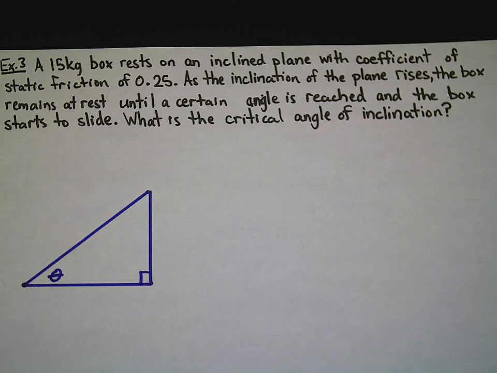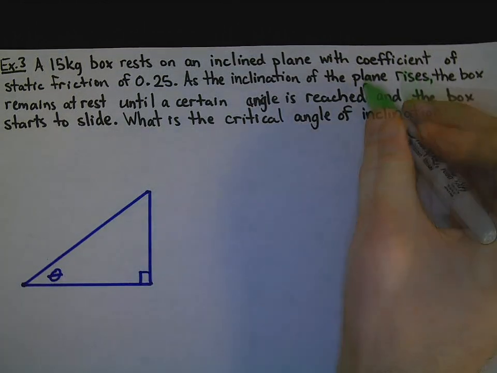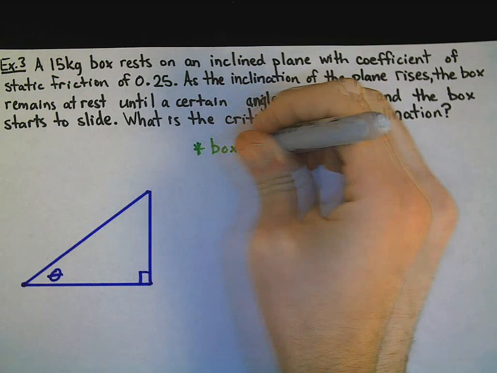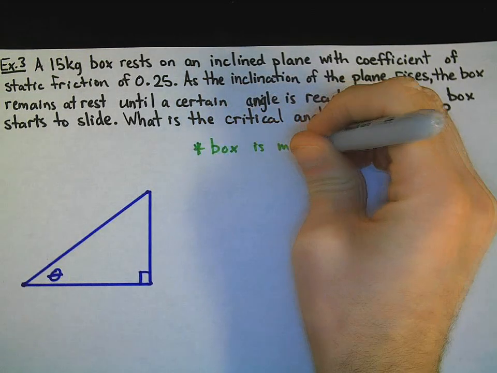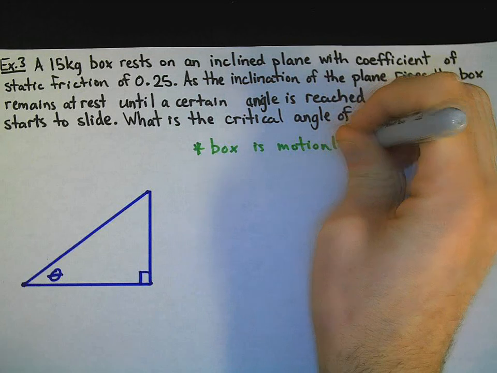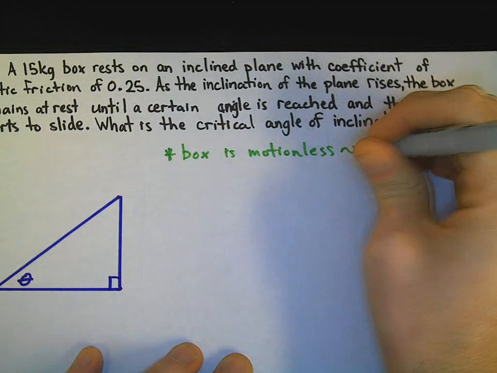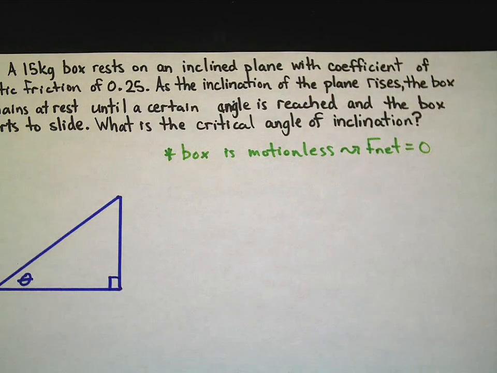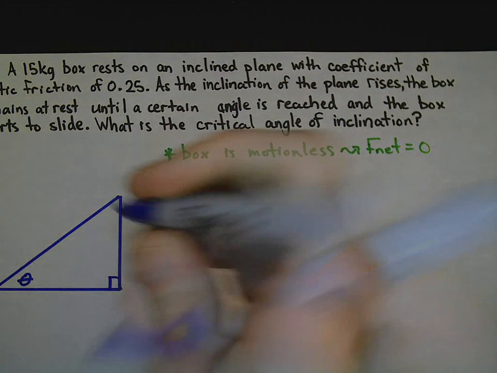A couple of key things to make sure that we know in this case. Right now this box is motionless, so that means net force is 0. And let us look at my free-body diagram quickly right now.